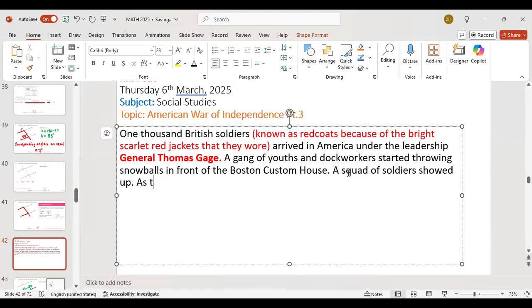As the crowd grew, the soldiers became nervous. And what did they start to do? Shooting. Very good. Started firing.